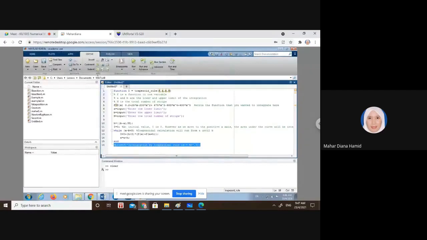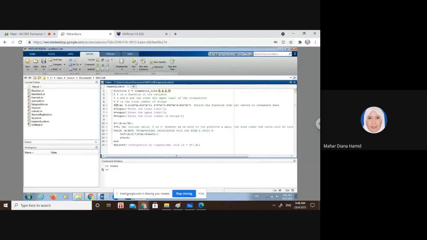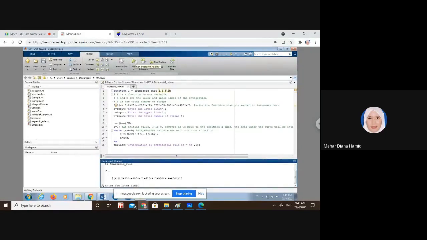So I'm going to save this file first. So trapezoid rule, and then I'm going to run. So for example, in this case, I'm sorry about that, I didn't put the limits.